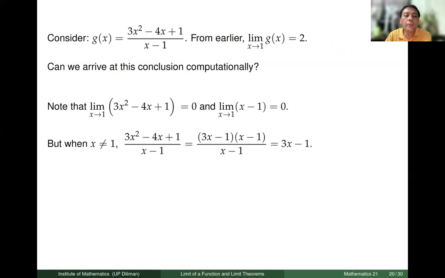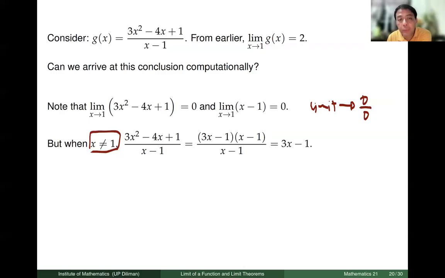So the limit appears to be 0 over 0. But take note, when x is not equal to 1, so we're saying that x is only approaching 1 but not equal to 1. X is only approaching 1.